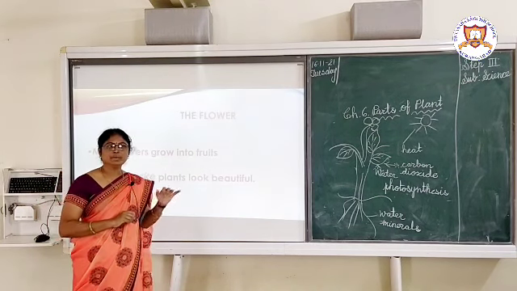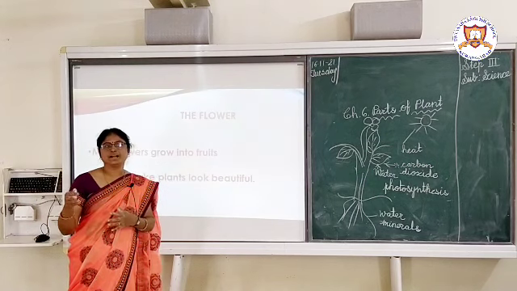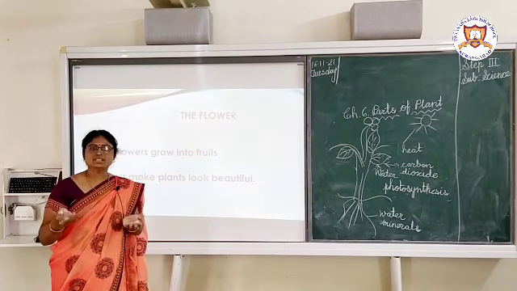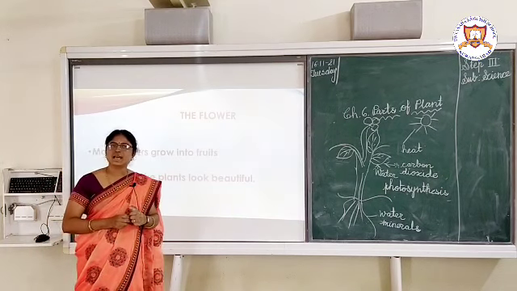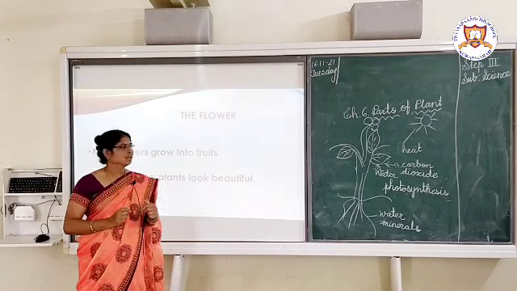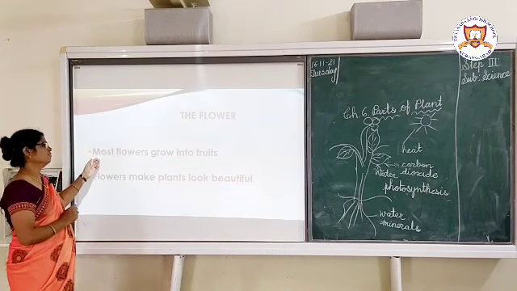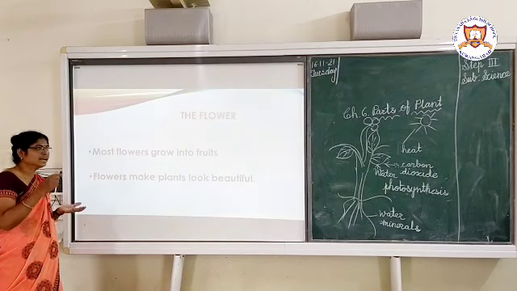Most flowers convert into fruits, and each and every plant is the crop of the farmer. That's why the farmer becomes very happy whenever he sees flowers on the plant. Okay. Most flowers grow into fruits. And inside the fruits, as I told you in the beginning, seeds are protected, hidden inside the fruit.